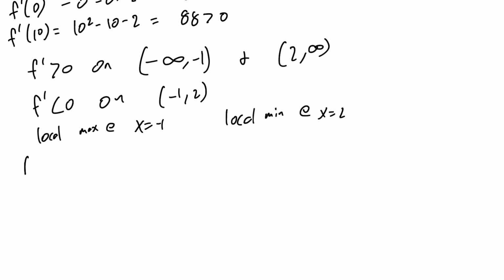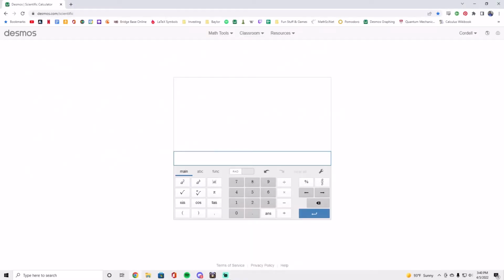And so let's plug these into our original function. Okay, in order to help us do that, I have a calculator here. Isn't that handy? So we have that f of x equals 1/3 x cubed minus 1/2 x squared minus 2x plus 3.